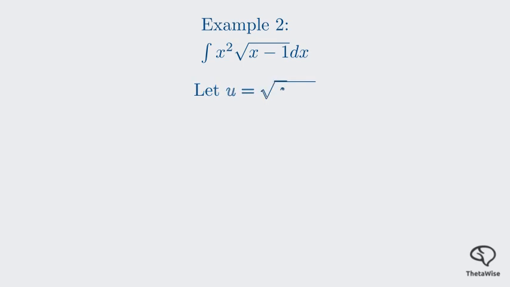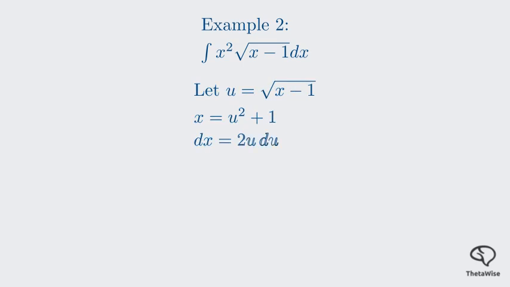This time we have the integral of x squared times the square root of x minus 1. The main difference is the x squared term. Fortunately, we can use the exact same substitution as before. It is still the best way to handle that square root. We'll let u equal the square root of x minus 1, which means x equals u squared plus 1 and dx equals 2u du.